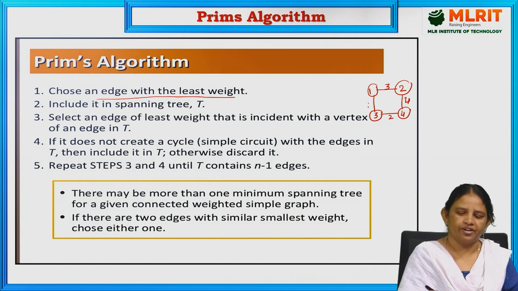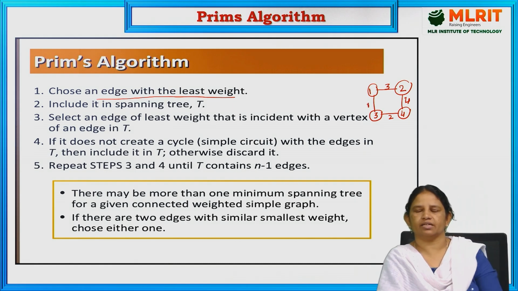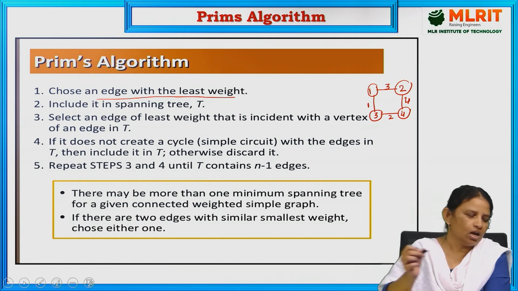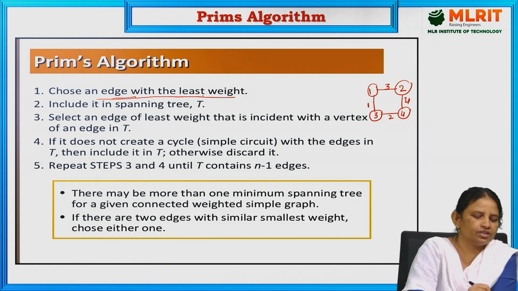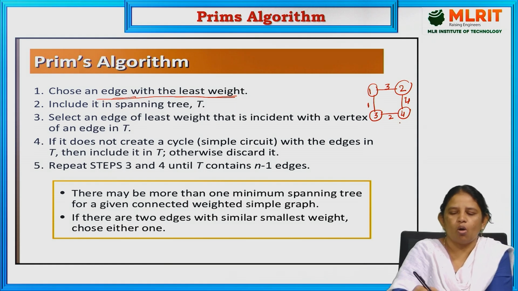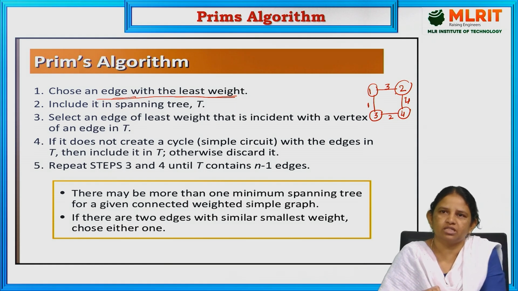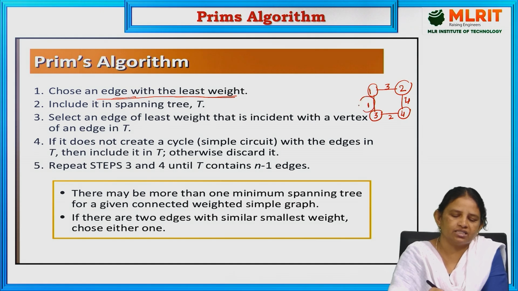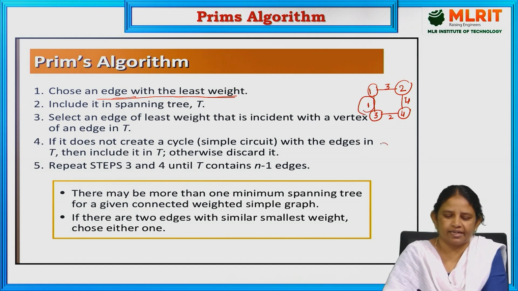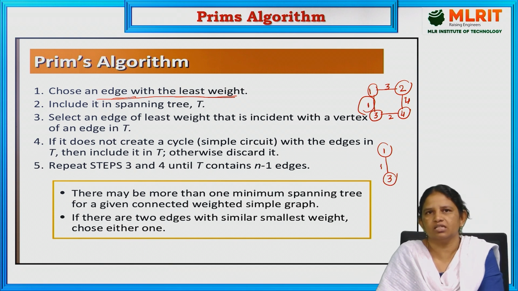So these are the weights and these are the edges, edges and the corresponding weights. We need to choose an edge with the least weight. Among all the edges, we are going to select the least weight edge. That is 1 to 3 will be selected first. Whatever edge we choose is included in the spanning tree.